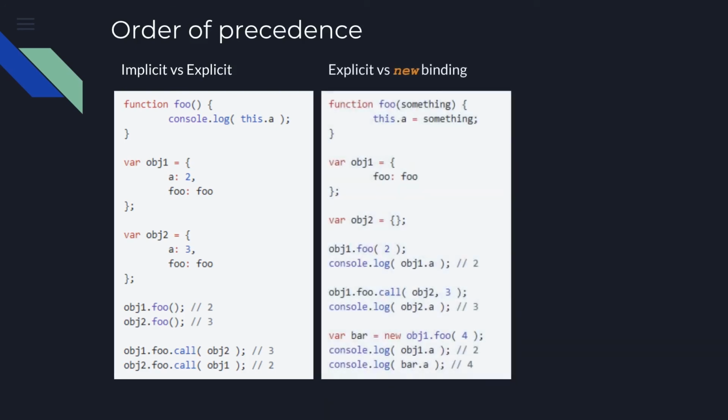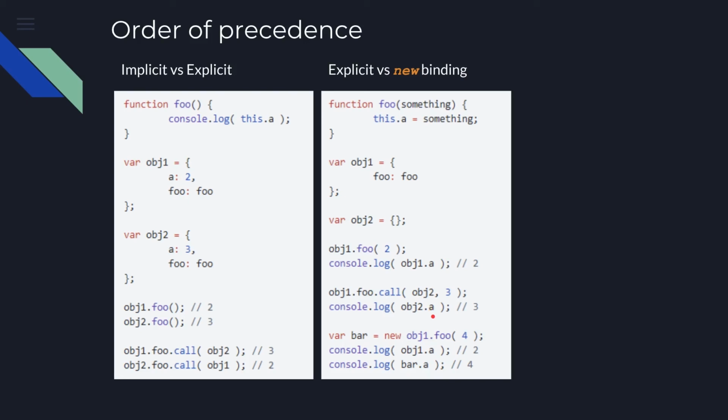Explicit versus new binding. In the following example, we pass an argument to this foo function and assign it to this.a. When we execute foo on obj1, we give it 2 and obj1.a equals 2. That's obvious. Now we explicitly execute the foo function on object2 passing 3. This gives us that on object2 a is 3.